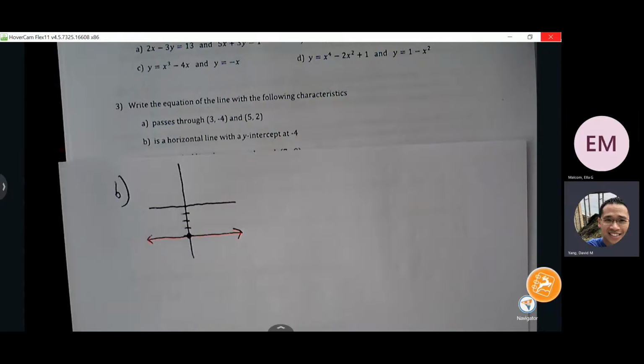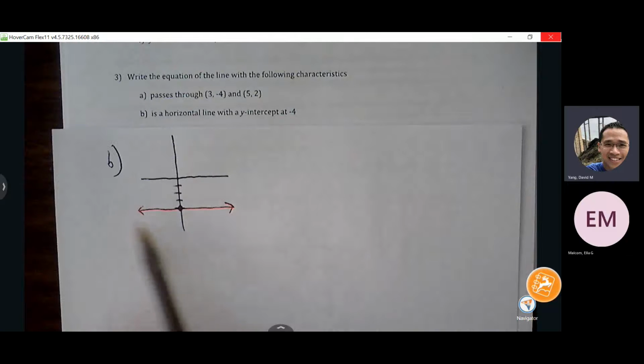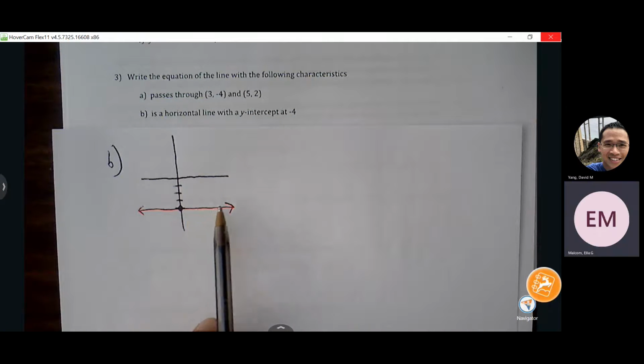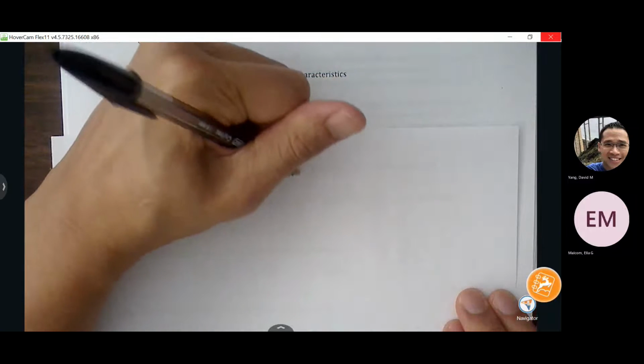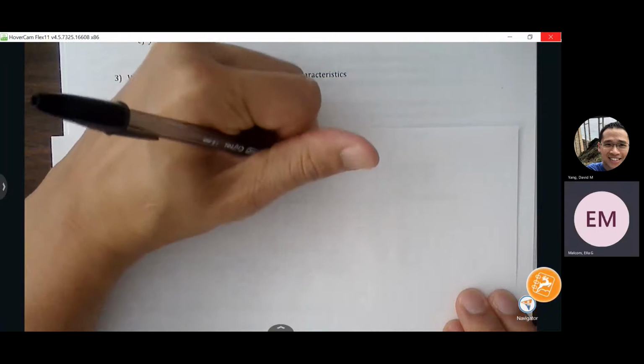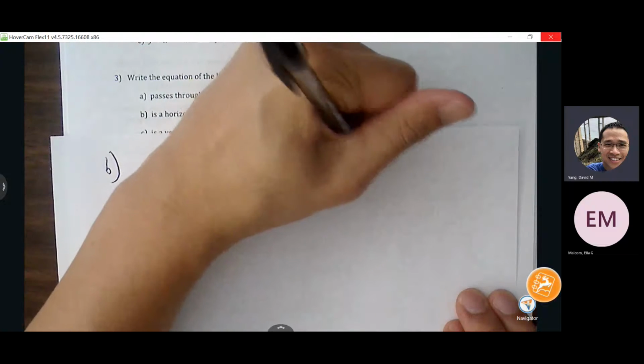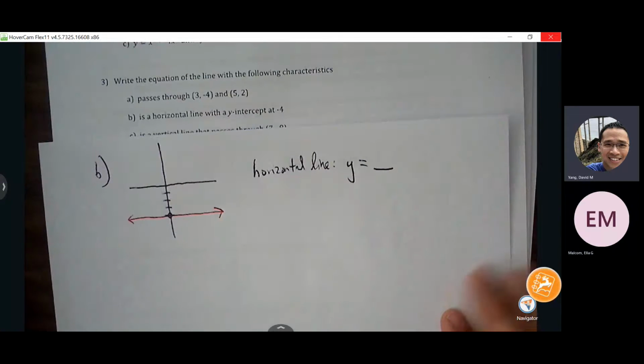Anytime there's a horizontal line, every point on this graph has a y value of -4. So for horizontal lines, it's always going to be in the form of y equals whatever that y-intercept is.